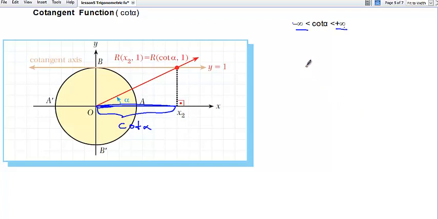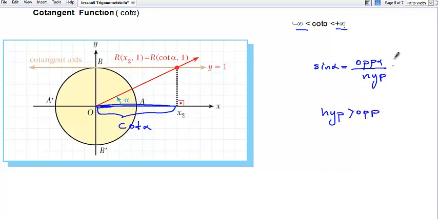Here there is another reason why sine alpha and cosine alpha are between 1 and -1. If you remember, sine alpha is the opposite side over the hypotenuse. And the hypotenuse is always greater than the opposite side.